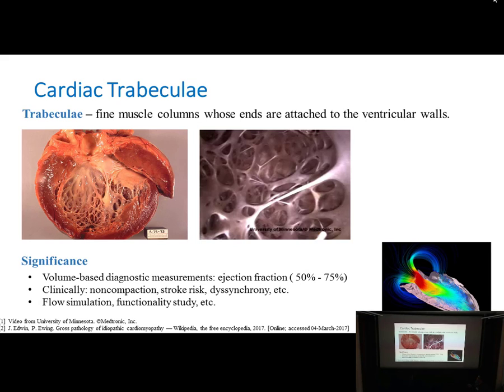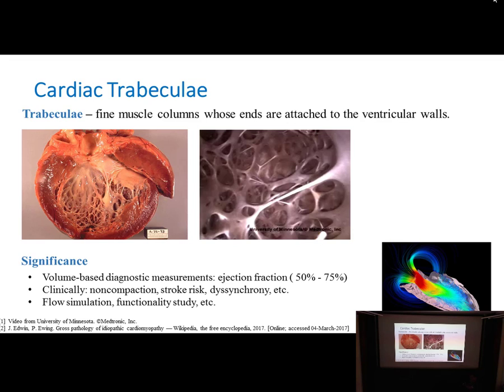It is actually very important to figure out exactly how these things look, even though they look very tiny. In practice, when doctors look at a patient with potentially cardiac disease, it is very important to measure the volume of the ventricles when the heart is completely relaxed and when the heart is contracted.